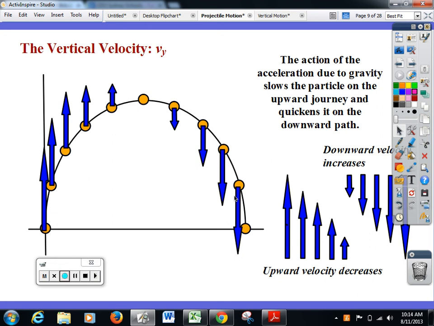So finally and lastly, those big blue arrows represent the vertical velocity. This original blue arrow just here must represent the initial vertical velocity. Must it?